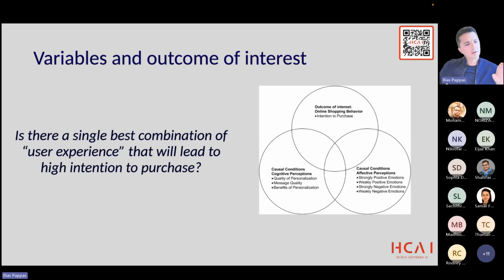Here I try to summarize by one question, and user experience is in quotes because I use the term very loosely here just to make a point in the presentation. So is there a single best combination of user experience that will lead to high intention to purchase?